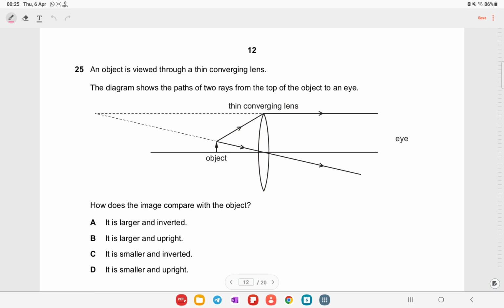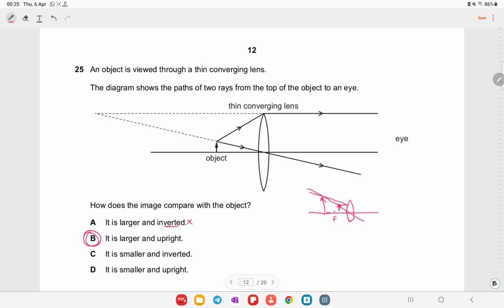I have told my students that whenever an object is inside the focal length, the object will be drawn here. If we pass the ray from the optical center and it goes like this, it's going to be upright and a larger image.